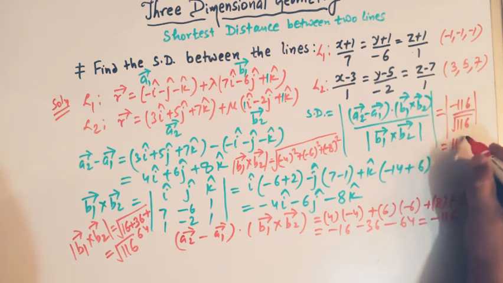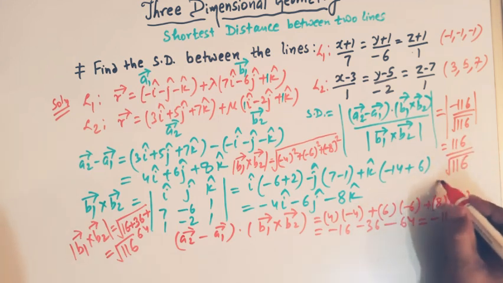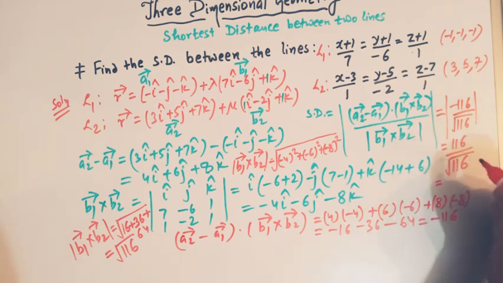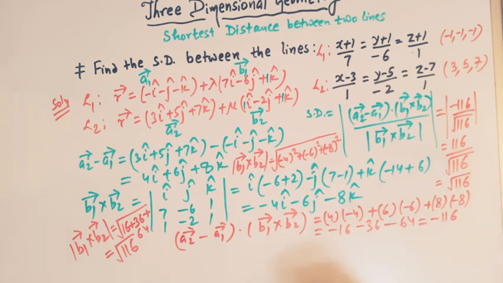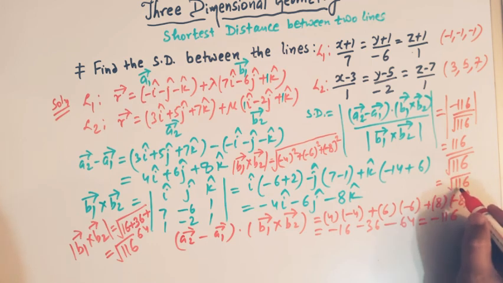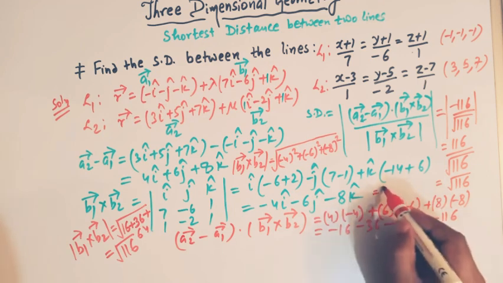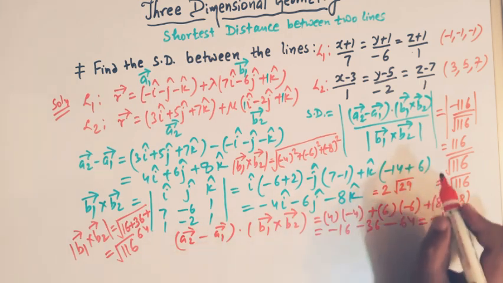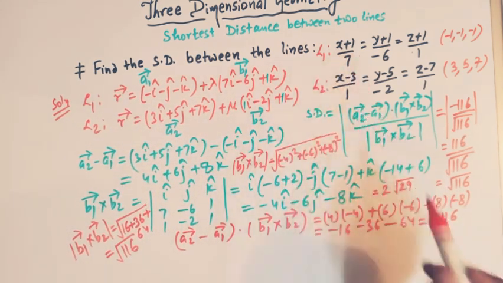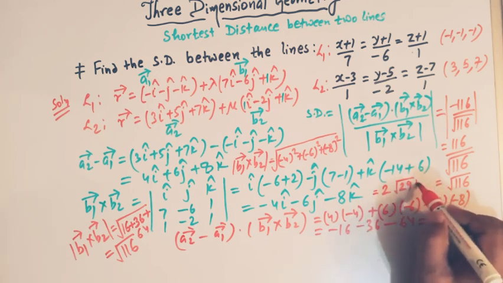So this is 116 divided by square root of 116, and if we rationalize it, we get square root of 116, right? And this square root of 116 can also be written as 2 root 29, right? So the shortest distance between these two lines is 2 times square root of 29 units.